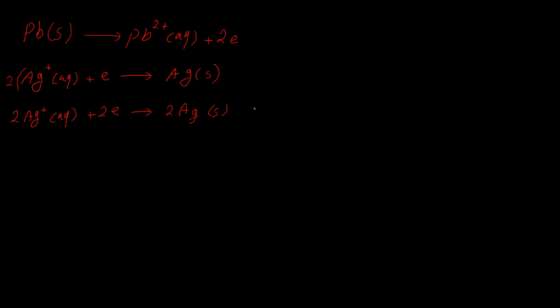So for Ag, E° is still 0.80 volts. But for Pb, E° becomes positive 0.13 volts because it's the reverse of that reduction reaction.